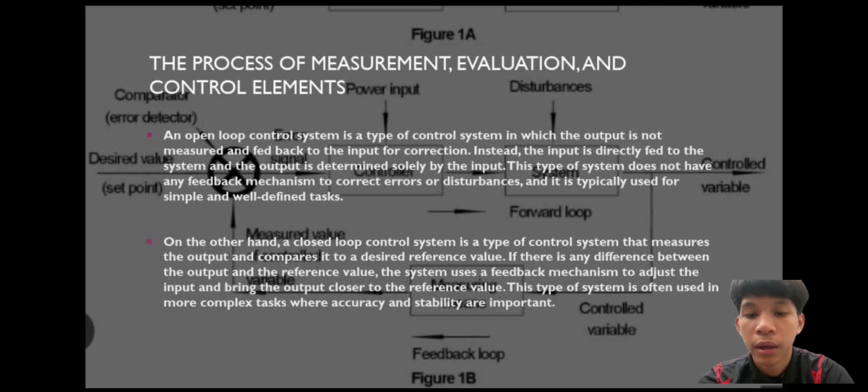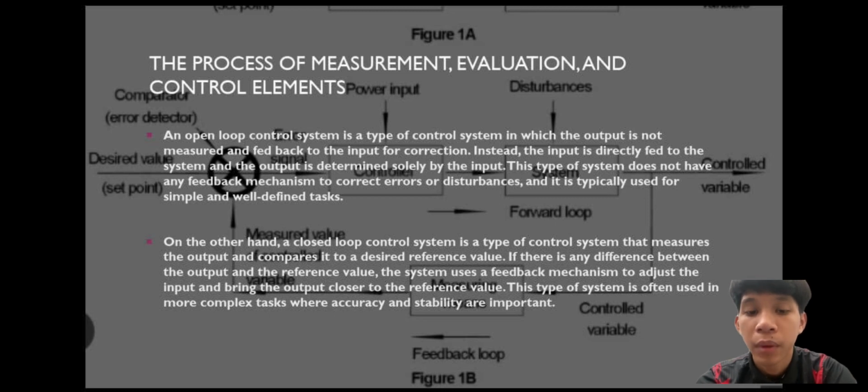If there is any difference between the output and the reference value, the system uses a feedback mechanism to adjust the input and bring the output closer to the reference value. This type of system is often used in more complex tasks where accuracy and stability are important.